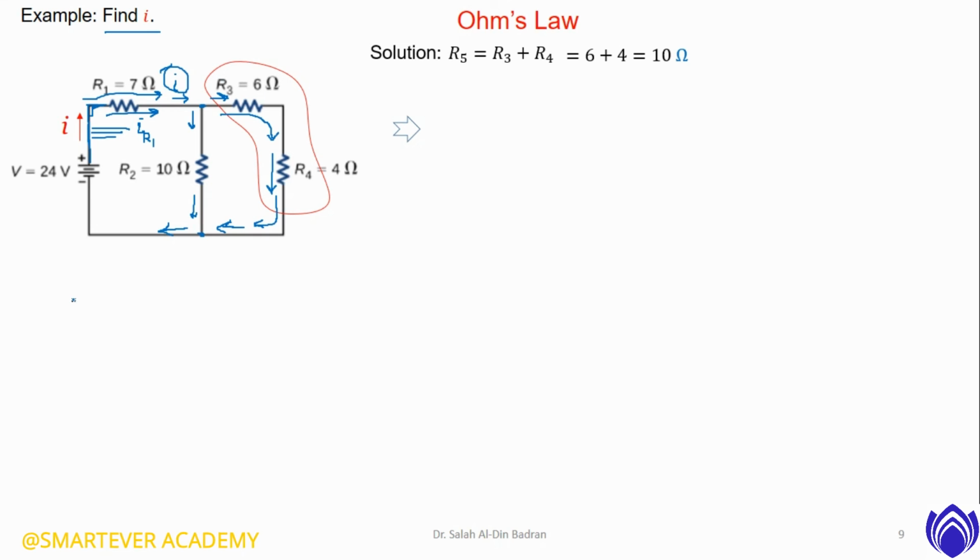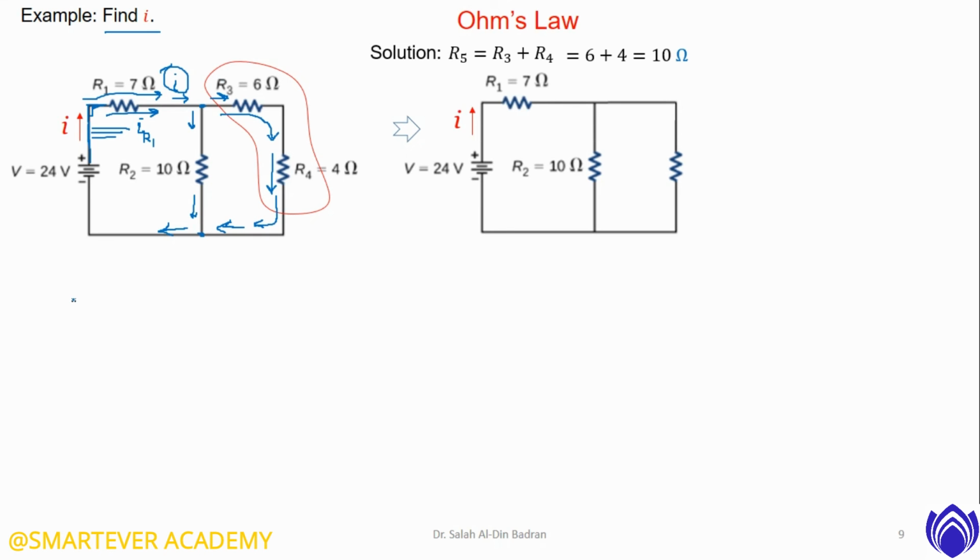The equivalent circuit so far is, as you see in this schematic, we have R equivalent here, 10 ohm, that corresponds to these two resistors R3 and R4.